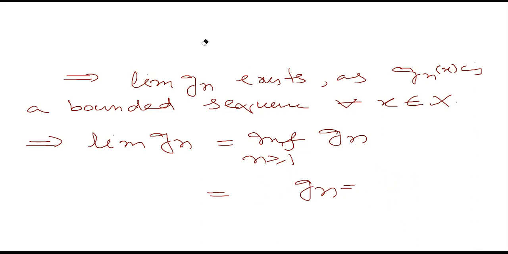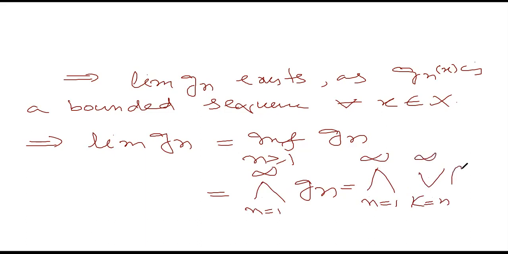This is the meet, n runs from 1 to infinity of Gn. That's equal to the meet, n runs from 1 to infinity, then join. Gn is the join, k runs from n to infinity of Fk. So that limit is actually the limit superior of Fn.